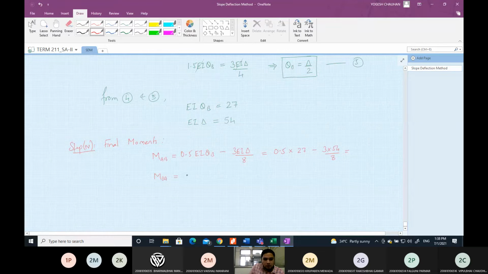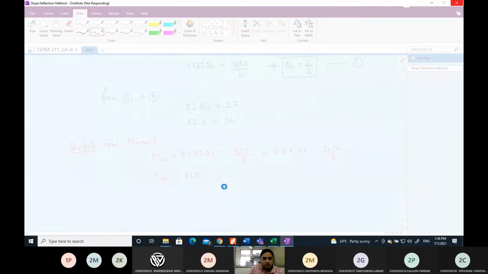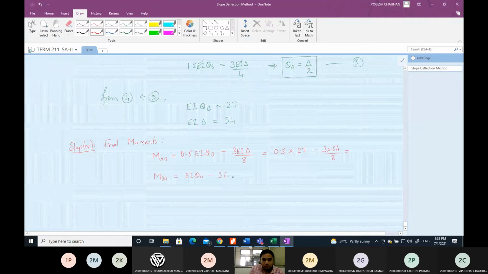MBA will be EI theta B minus 3 EI delta by 8, so that will be 27 minus 3 into 54 by 8.